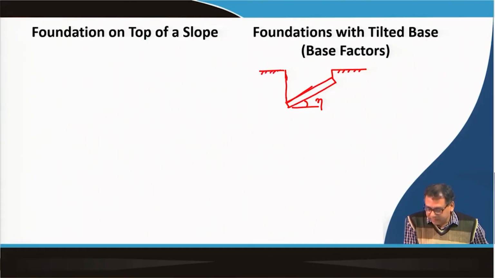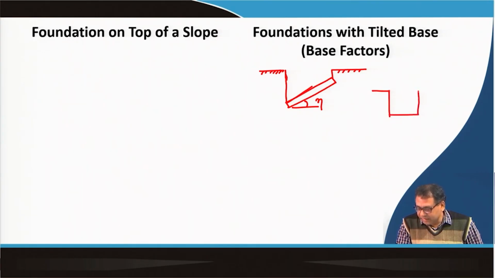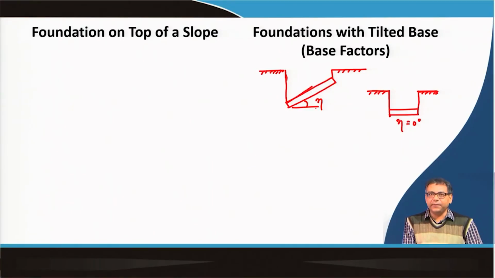But your foundation is tilted, it is not our normal foundation, which is like this, where the tilt is 0. This is our foundation where tilt is 0. But here the foundation is tilted with an angle.